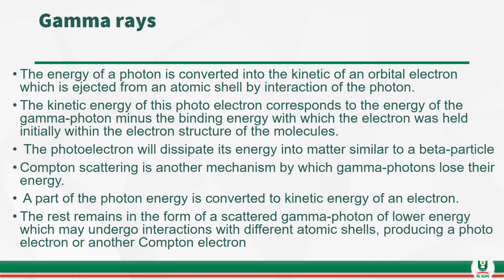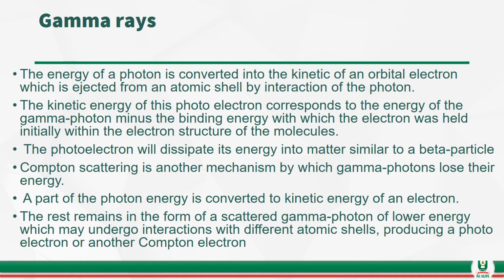The kinetic energy of this photoelectron corresponds to the energy of the gamma photons minus the binding energy with which the electron was held initially within the electron structure of the molecules. The photoelectron will dissipate its energy into matter similar to a beta particle.